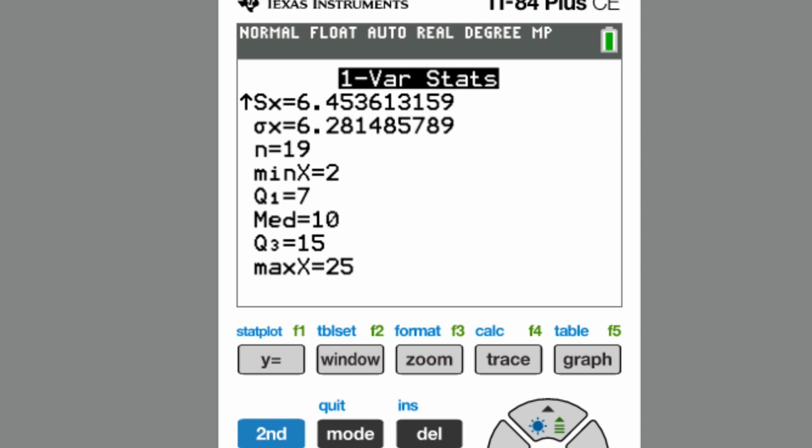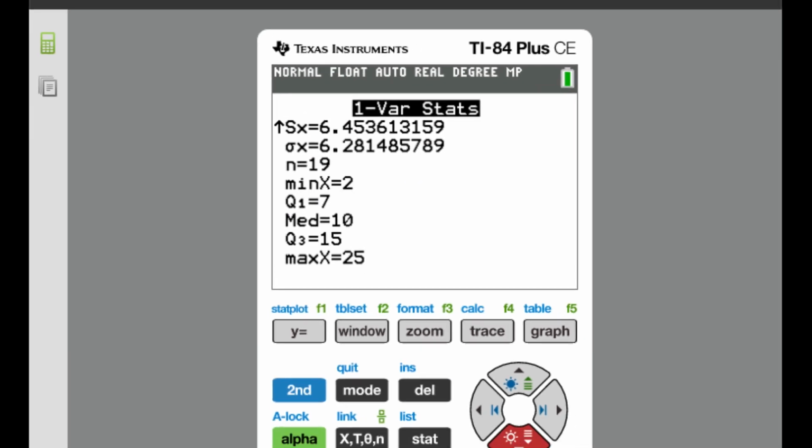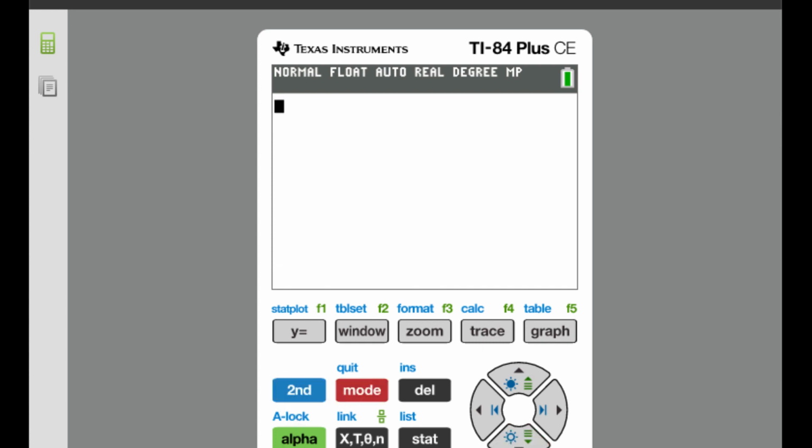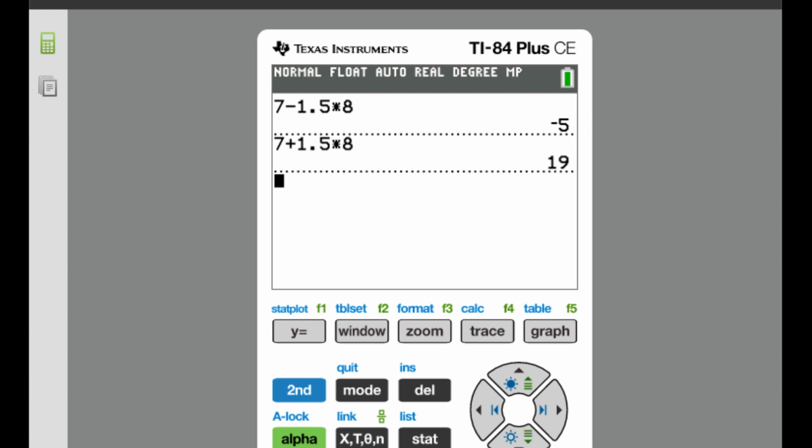I know there's none, but I want to verify that and show you what I mean. So we're going to do this computation: 7 minus 1.5 times 8, and 7 plus 1.5 times 8.